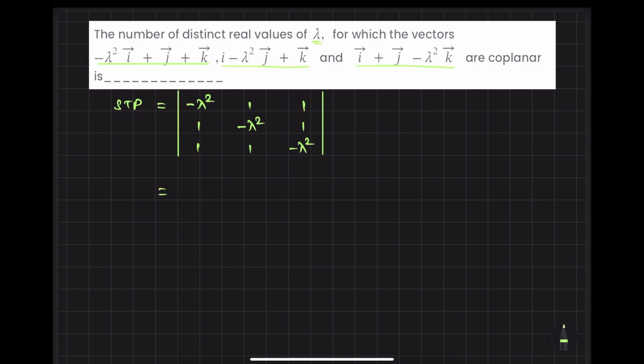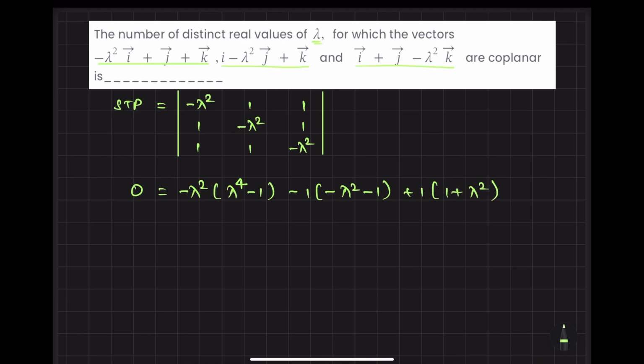Okay, and STP will come out to be 0. Now let's simplify things. So lambda square is lambda power 4 minus 1, minus 1 times minus lambda square minus 1, plus 1 times 1 plus lambda square.